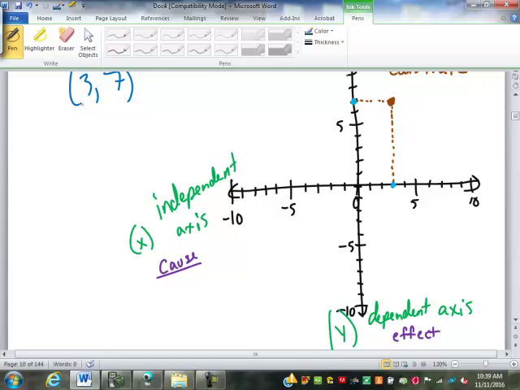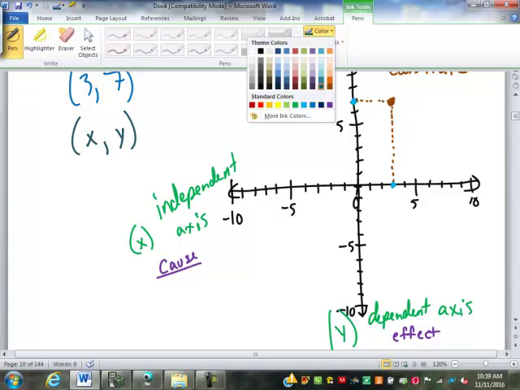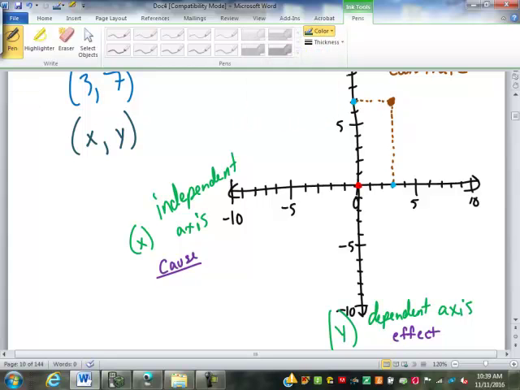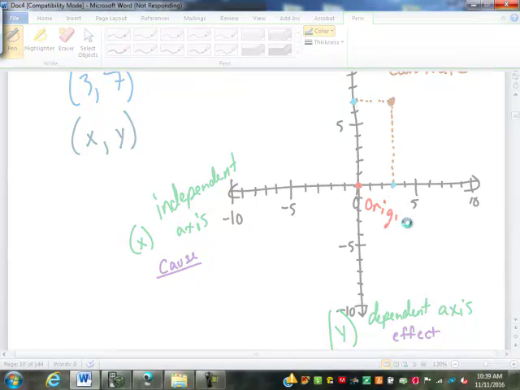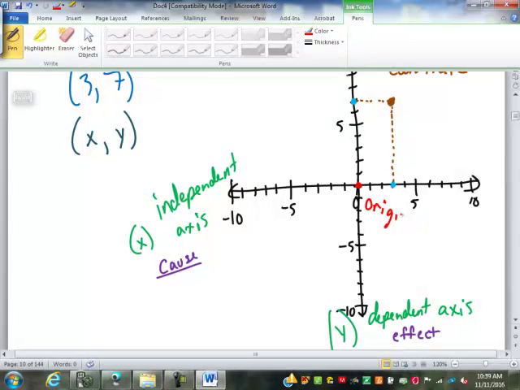So anyway, up here in our coordinate, the first coordinate is that independent variable, that horizontal variable, generally labeled with the letter x. And the second coordinate is the vertical, generally labeled with the letter y. Where the two axes intersect here is called the origin. The origin is actually a very important place on the graph.